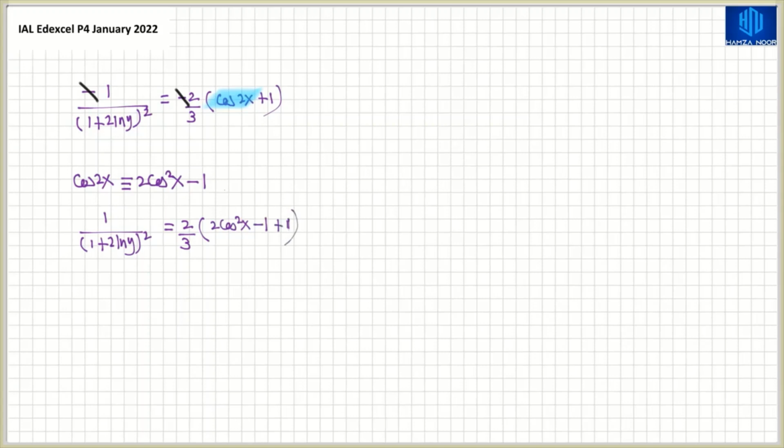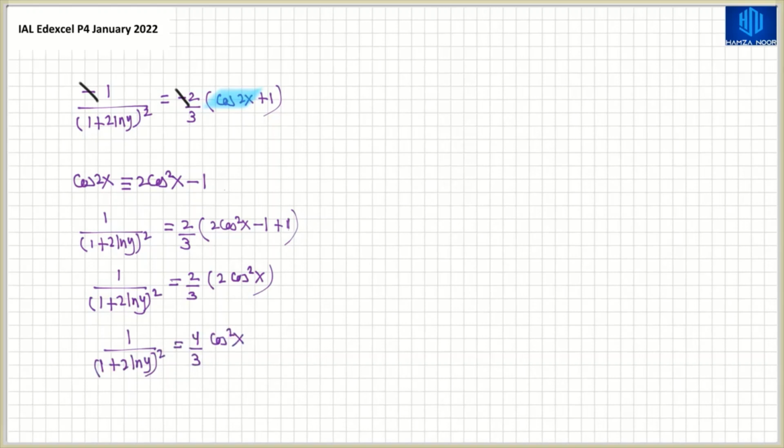All right, so therefore 1 upon (1 plus 2 ln y) whole squared is equals to 2 over 3 multiplied by 2 times cos square x. So this essentially means that 1 upon (1 plus 2 ln y) whole squared is equals to 4 over 3 times cos square x.